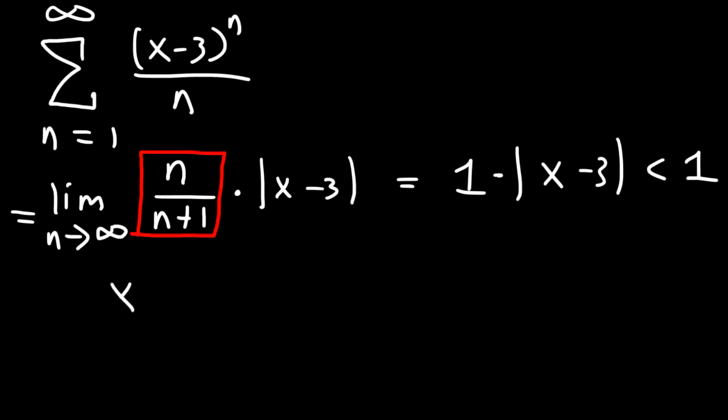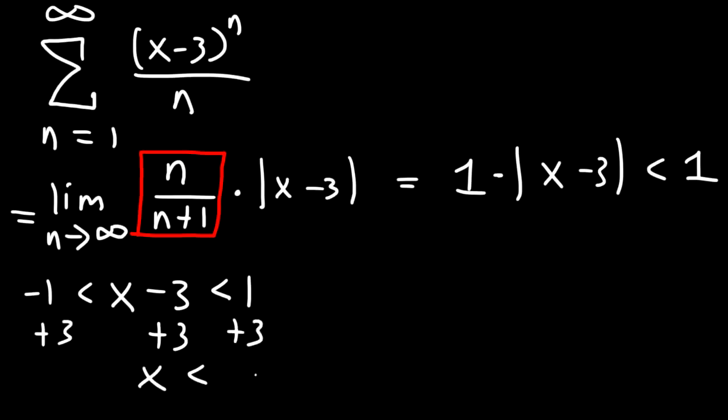And so we can say that x minus 3 is between 1 and negative 1. Now if we add 3 to both sides, then x is between 4 and 2. And the midpoint of 2 and 4 is 3, so we can see that it's centered at 3. So C is 3.